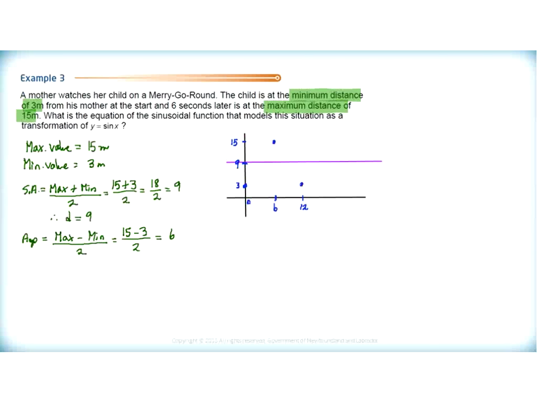The equation of that sinusoidal axis is y equals 9, which is halfway between 3 and 15. Then you can come up with another couple of points on your graph of this function. At 3 seconds, the y value will be at 9, and at 9 seconds, it will also be at 9. So this represents one full cycle for this function.